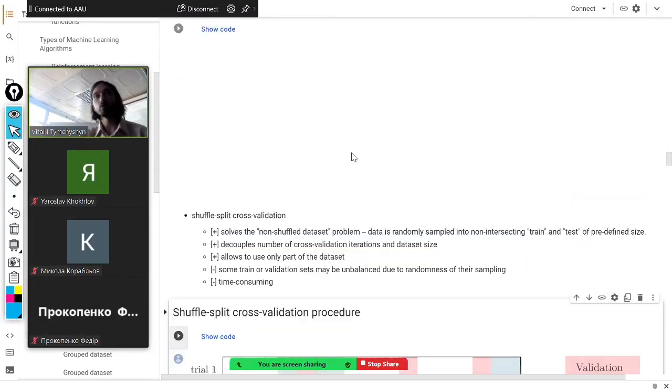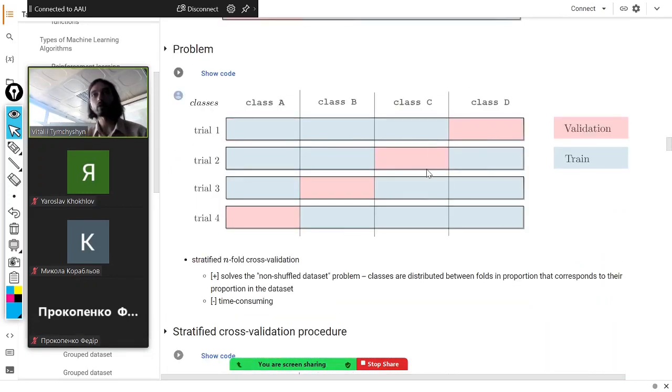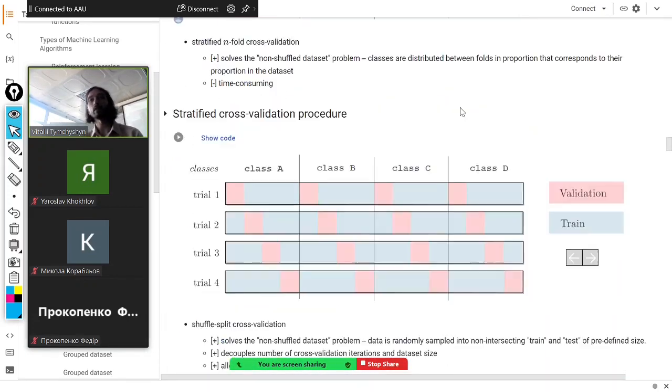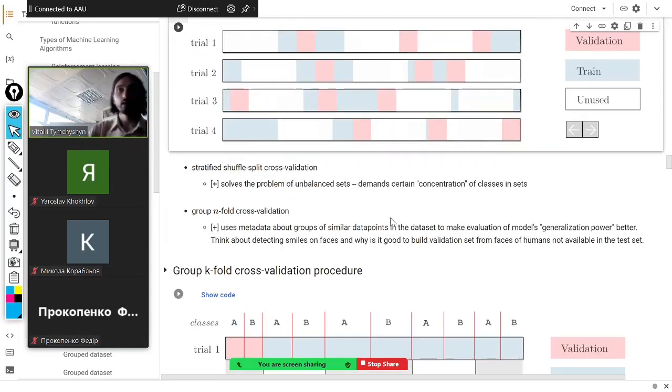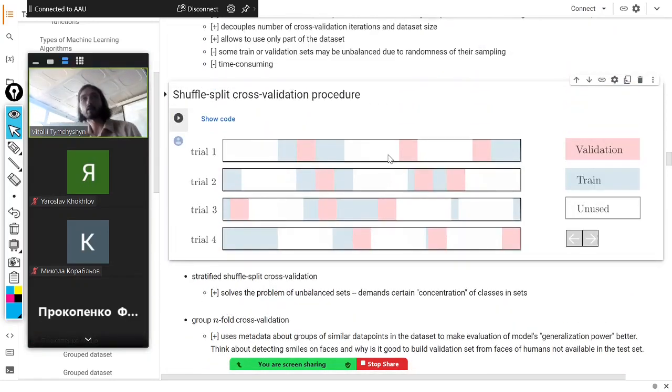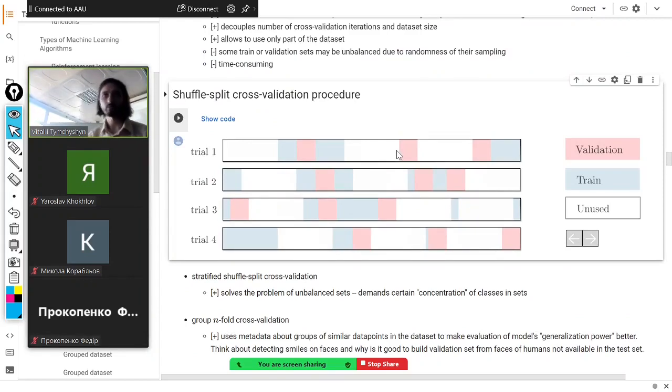So when I'm doing just simple cross-validation, I want to get through the whole data set with that validation thing. And I need to do a number of trials that is basically dependent on the size of my validation set. If I'm doing the shuffle split cross-validation procedure, that's pretty okay.